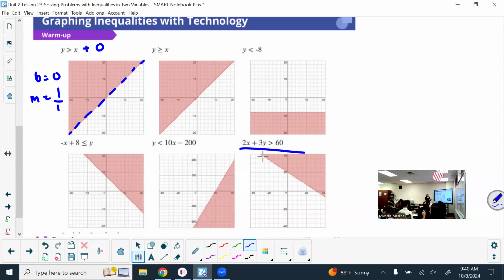Not in slope-intercept form, but I know it should have a dashed line because the symbol doesn't have that little line underneath. So easy. That should narrow it down to usually 2 answers. So all the ones that I'm marking, make sure on your paper definitely have dashed lines, not solid. The other two should have solid because they have the little line.